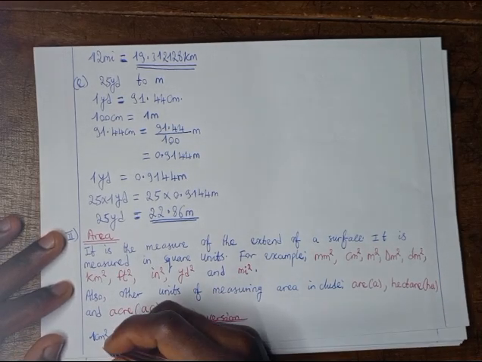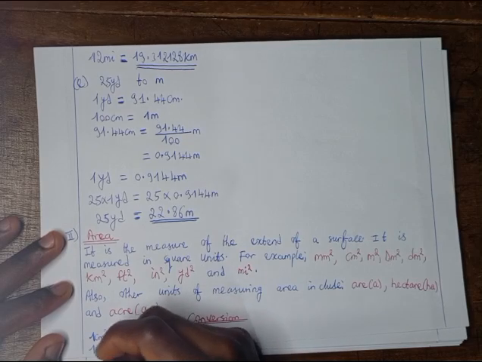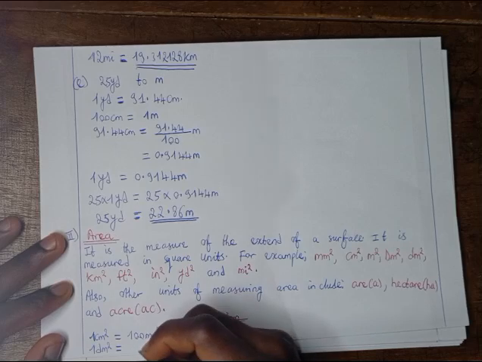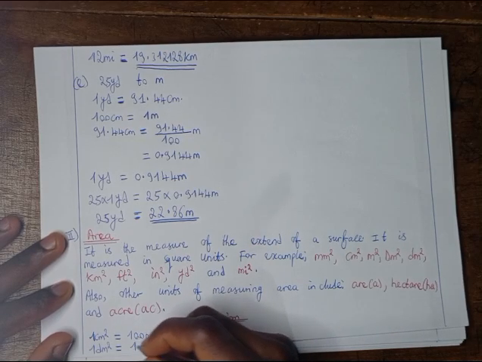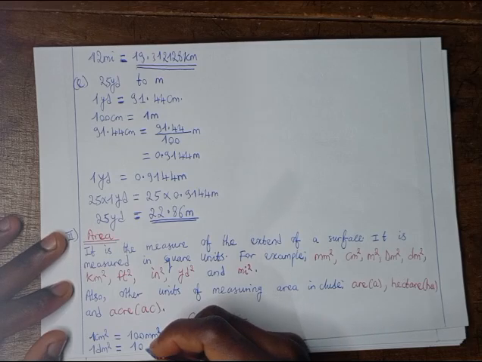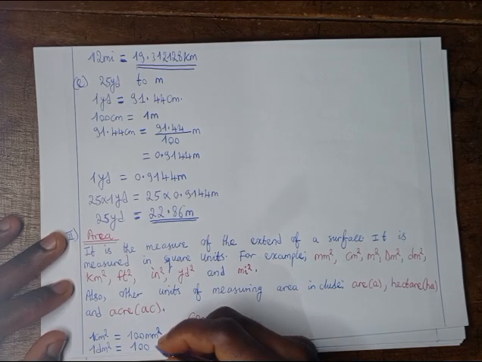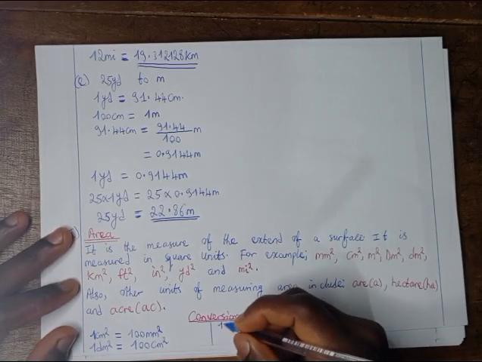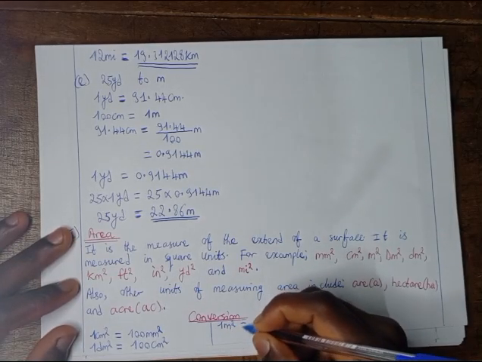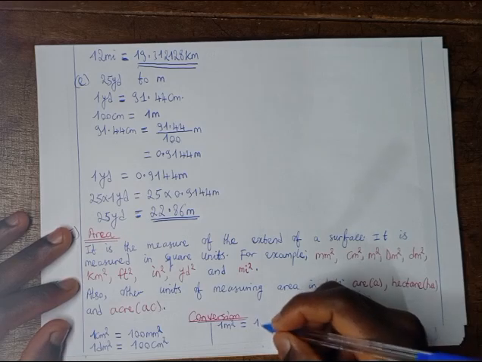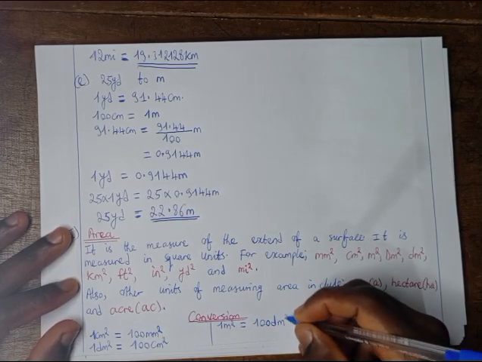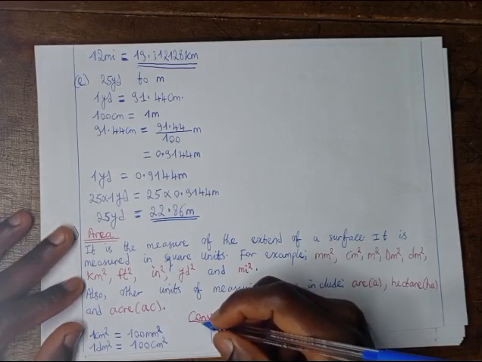Next, 1 decimeter squared is simply equal to 100 centimeters squared. 1 meter squared is equal to 100 decimeters squared.